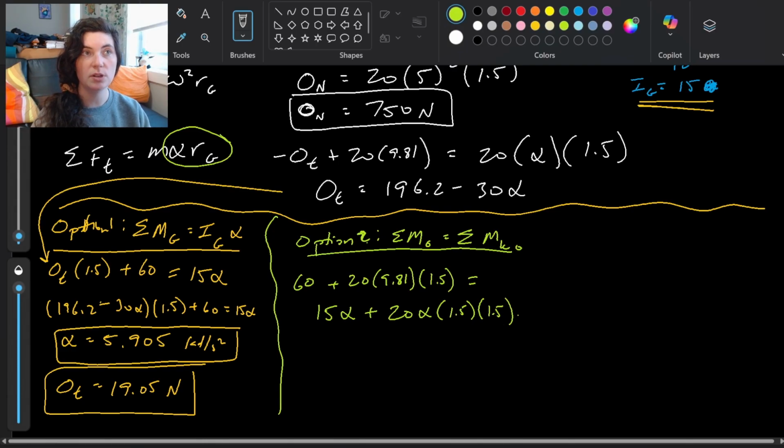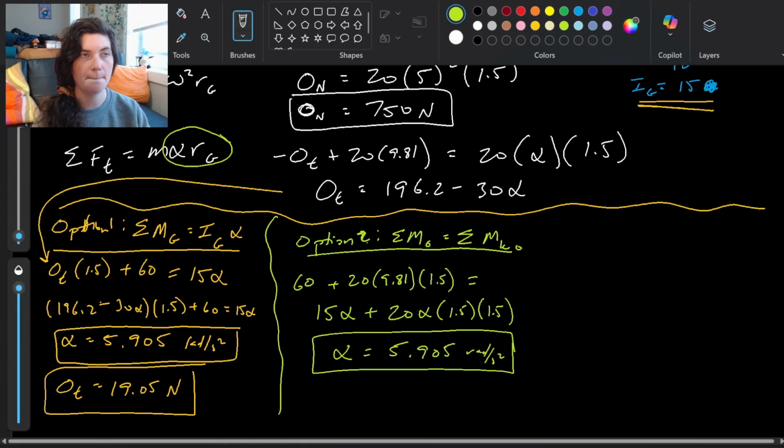And we can see this one works out really nicely because it only gives us alphas. So I don't have to plug anything in. I can just solve for alpha here and get 5.095 radians per second squared from my calculator. And then I can still back plug this in to find OT and still get the same number, 19.05 newtons.